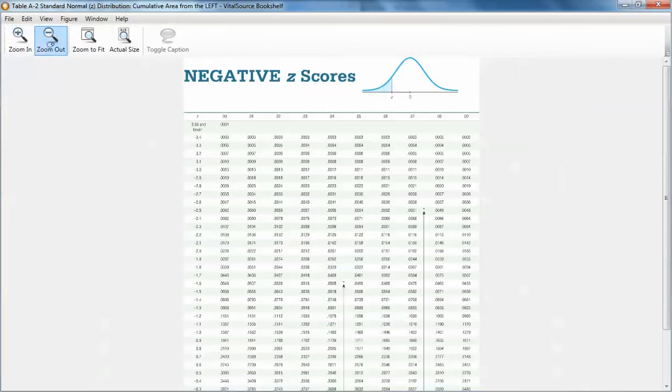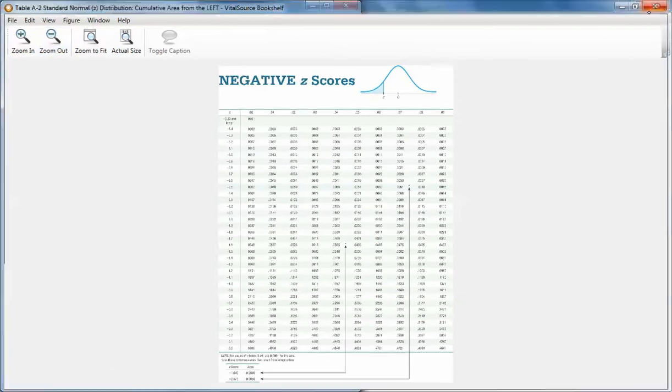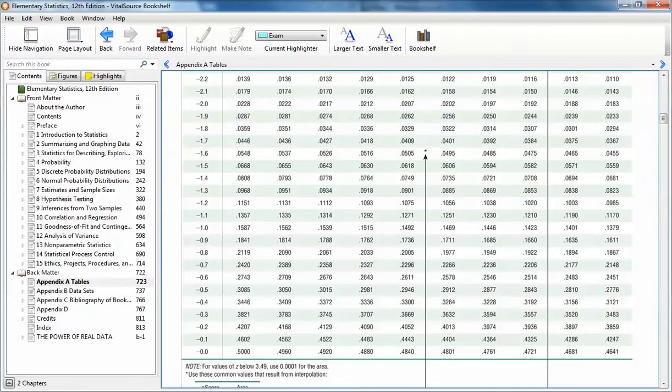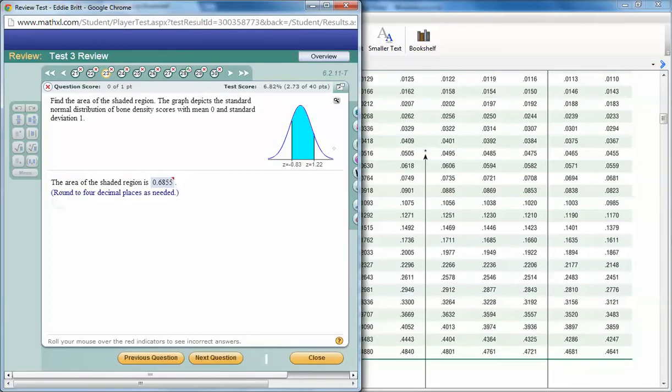Zoom out here. I think it just opened up in the window. Yeah, there we go. So again, we were looking for z equals 1.22.